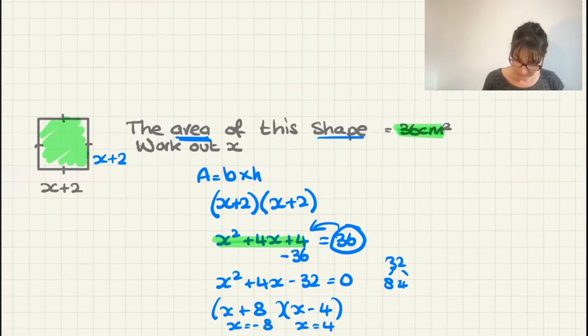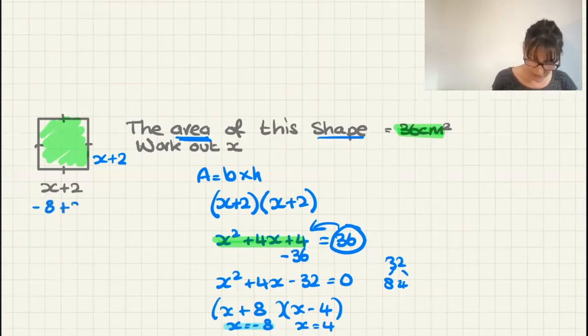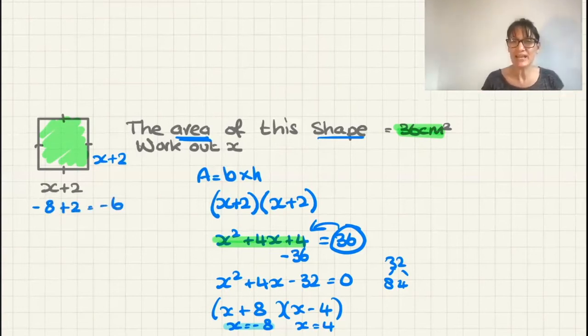Now, an edge of a shape cannot be negative. If I took my minus 8 and put it up here as the x and added 2, I would get minus 6. There is no way an edge can be a negative number.